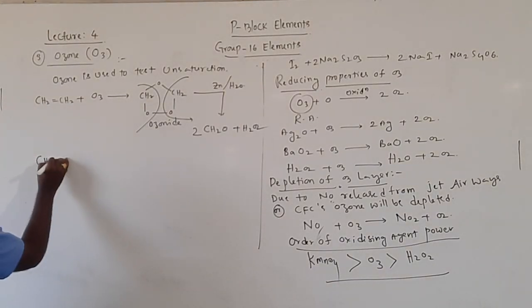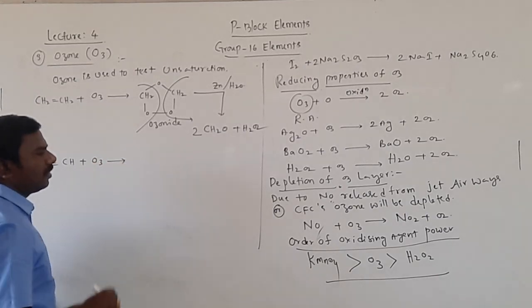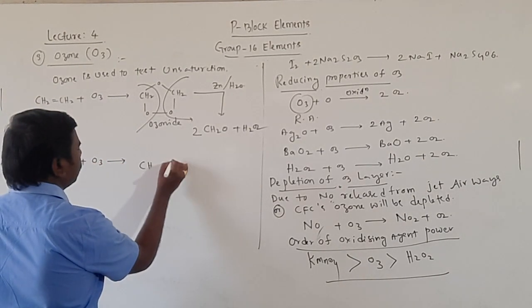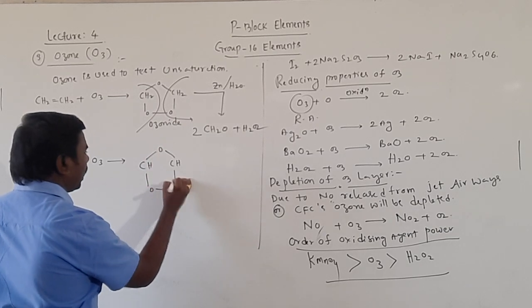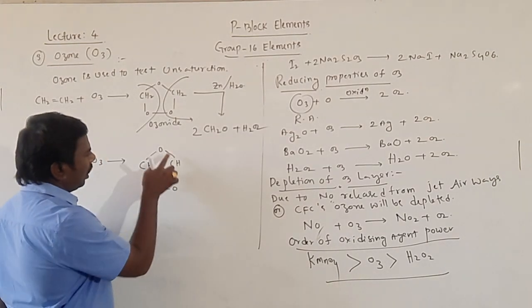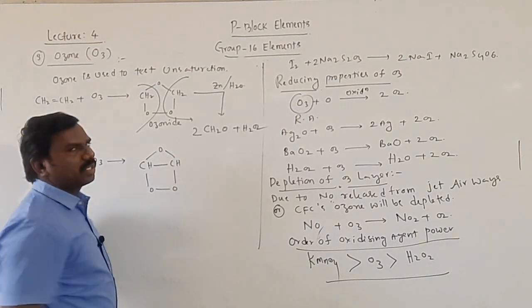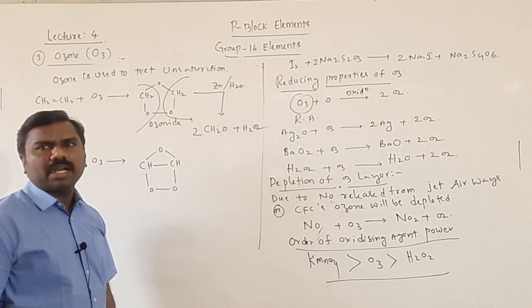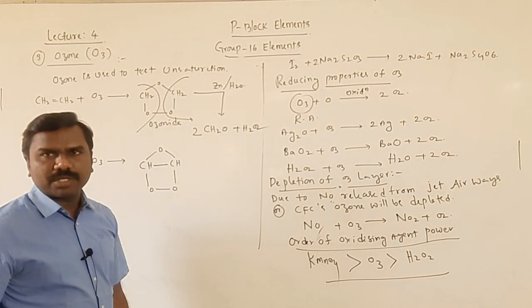Similarly, CH≡CH plus ozone gives rise to an ozonide with CHO and O. There are 1, 2, 3 bonds only, but we need one more bond, so keep a bond between carbon and carbon: 1, 2, 3 and the fourth one is hydrogen.